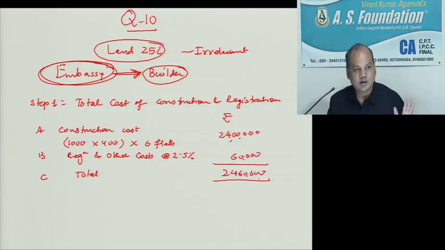This is my investment, and this money has to be recovered from future cash flows. So the summary is: your investment is 24 lakh 60,000, and the salvage value after 15 years is 8 lakh.